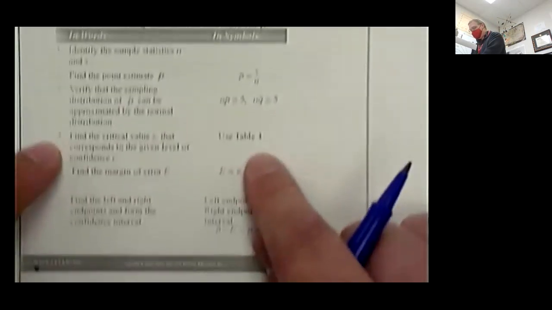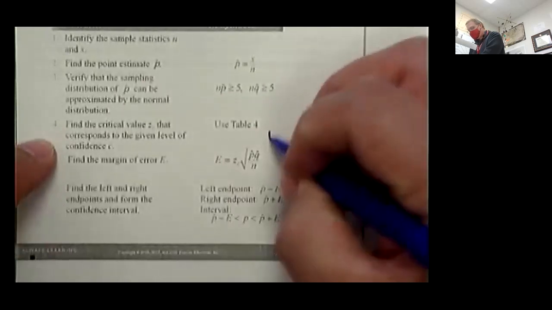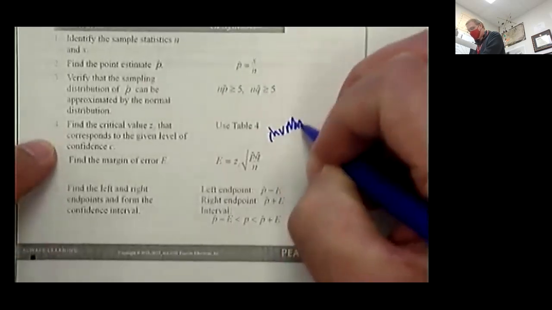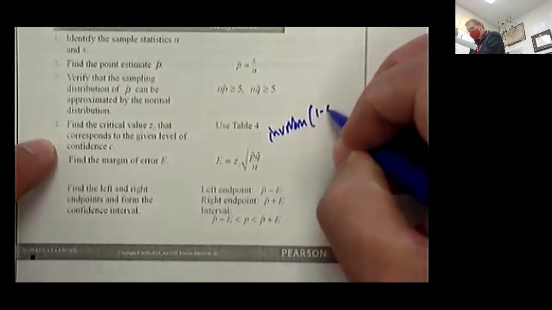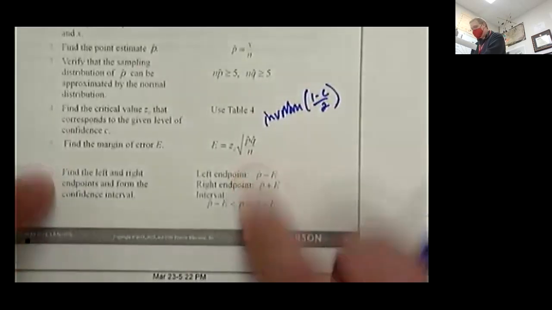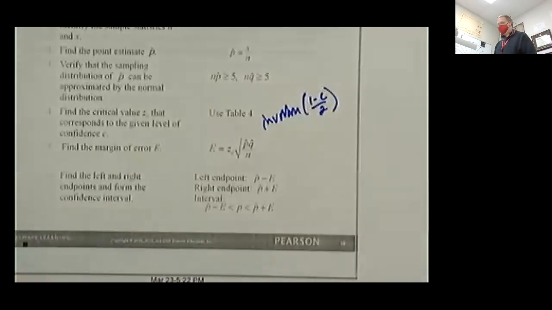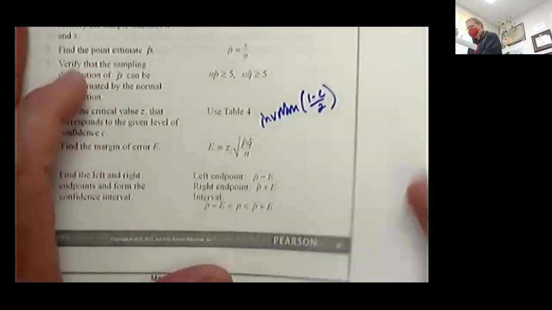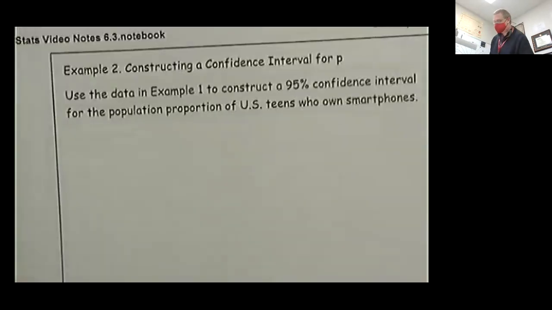Then we find our critical value. We can either use table 4, or we can use inverse norm. Again, 1 minus C over 2 would also work for that. Then we use this formula to find the error. Then we add and subtract, like we've done in the last two videos. And so let's work through some.